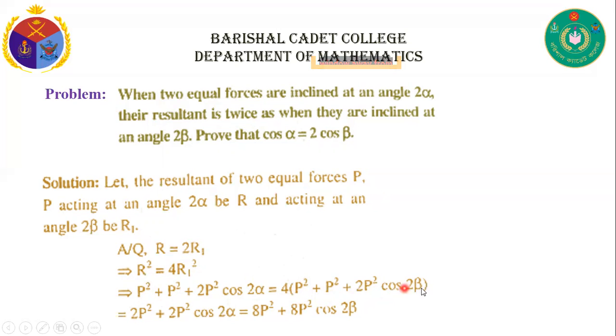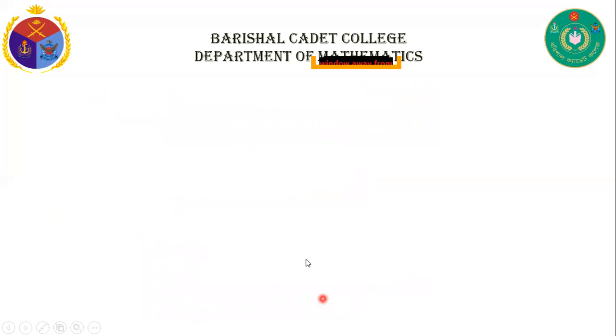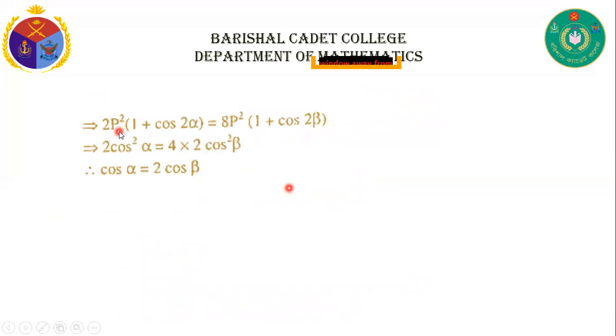2 beta. Okay. So after simplifying we can write 2P square plus 2P square cos 2 alpha, and here 4 into 2, that is 8P square plus 8P square cos 2 beta. And again, we can write 2P square into 1 plus cos 2 alpha equals 8P square into 1 plus cos 2 beta.